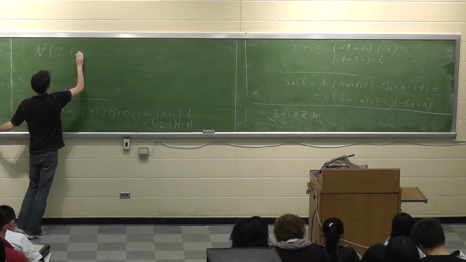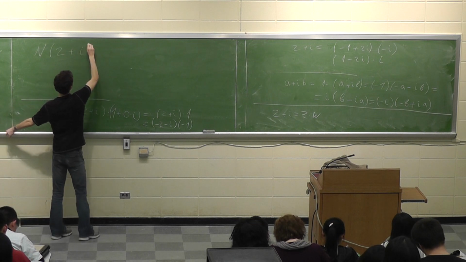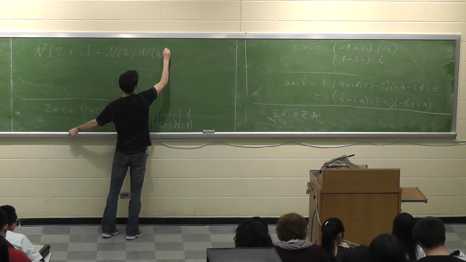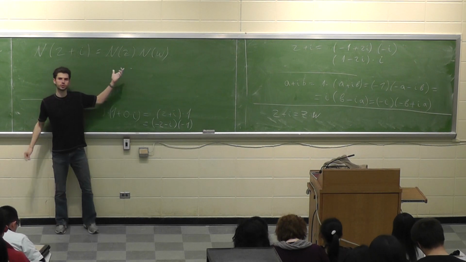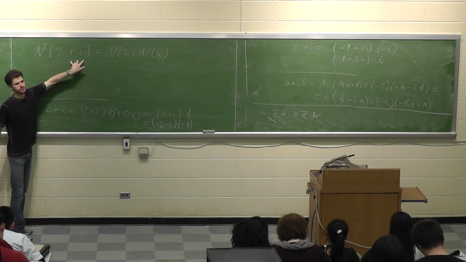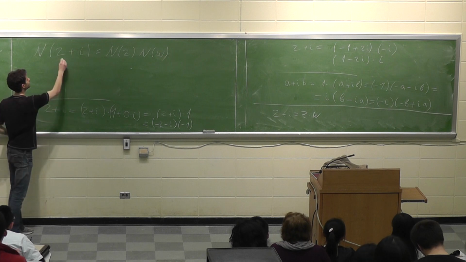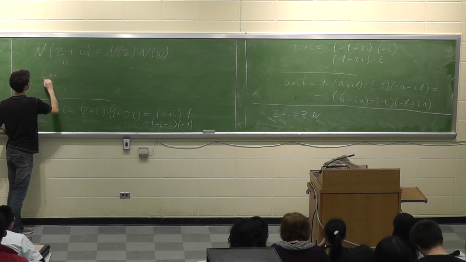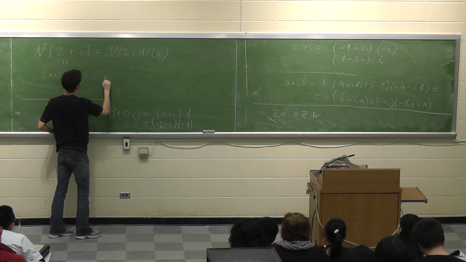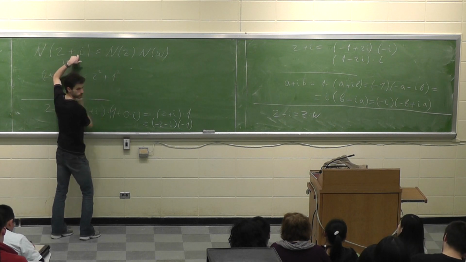Norm of 2 plus i is norm of z times norm of w, because norm of the product is the product of the norms. What is the norm of 2 plus i? Yes, 2 plus i times 2 minus i, or in other words, it's 2 squared plus 1 squared.